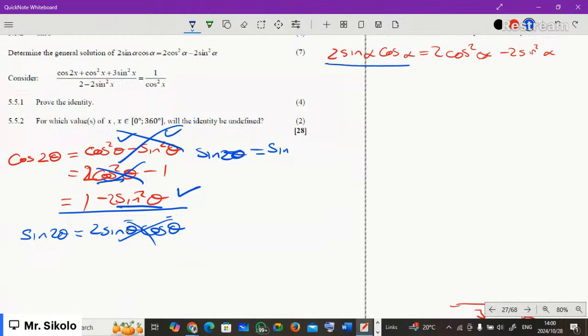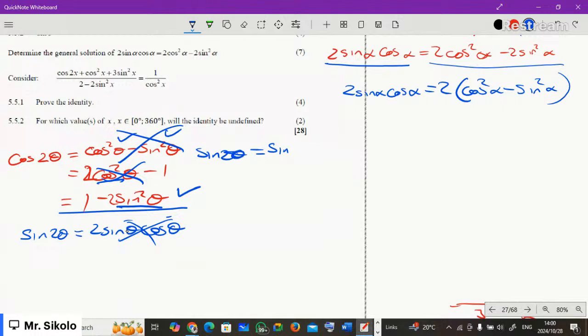This is an identity of a double angle. And also on the right hand side, this is an identity of a double angle. If I take out the common factor, this will be cos squared alpha minus sine squared alpha, then 2 sine alpha cos alpha. So now by looking, I'm having a double angle.